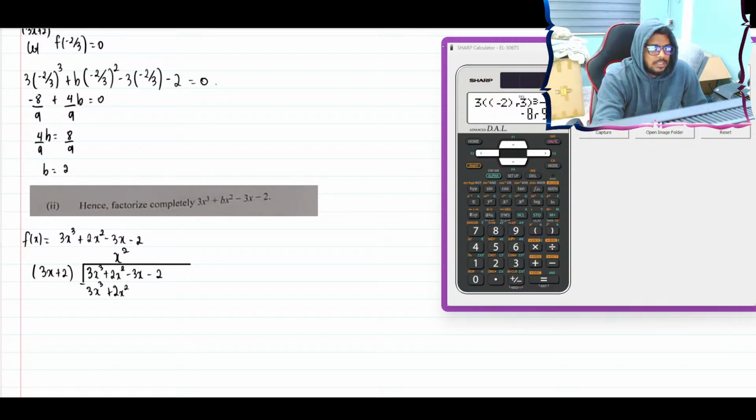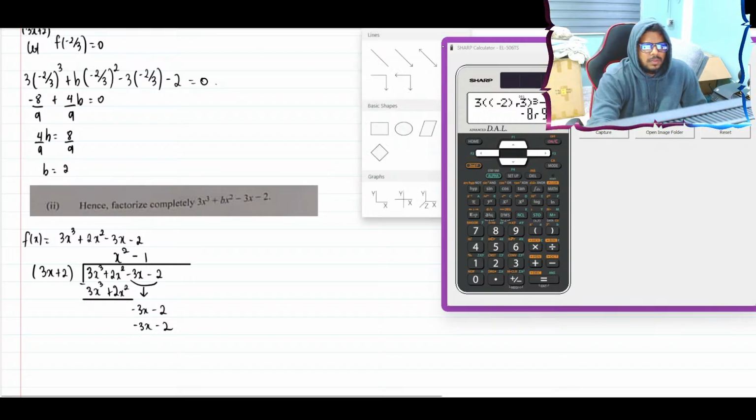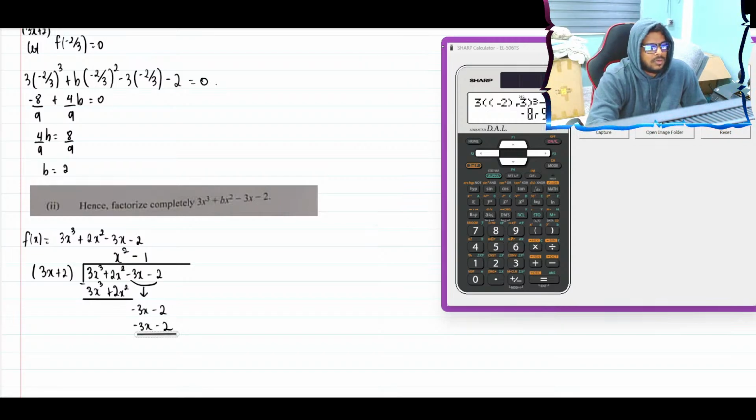When I take these away, I get 0, and I bring these terms down. I get minus 3x minus 2. Minus 3x divided by 3x is minus 1. Minus 1 times 3x is minus 3x, and minus 1 times 2 is minus 2. Well, this was a real easy long division.